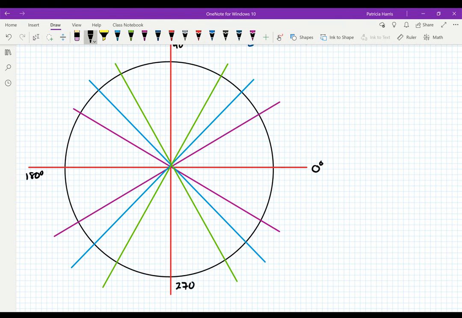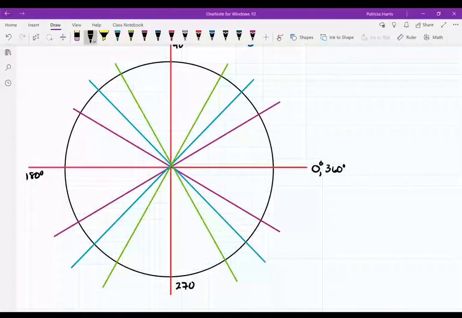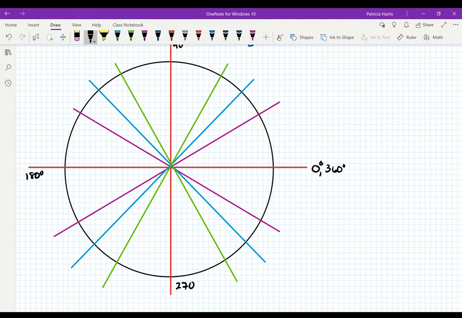Now, if I so want to, I can go the full circle and wind up back where I started, at 360 degrees. Now, you'll also notice that there is a purplish line, a blue line, and a green line, and you have one of those lines in each quadrant.